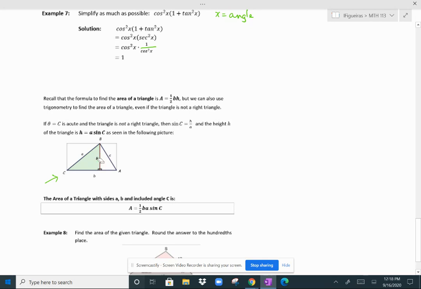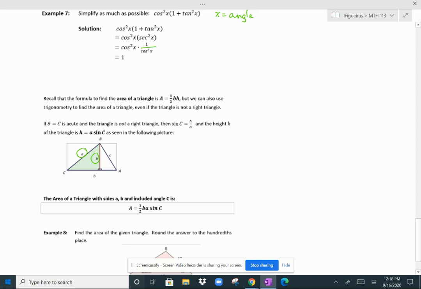That creates a 90-degree angle with the base that we usually call B. Once I do that, this part that's shaded in green is a right triangle, as well as the other side, but we're going to focus on this green side. So you can say that the sine of C is equal to h over a. That's opposite over hypotenuse a.